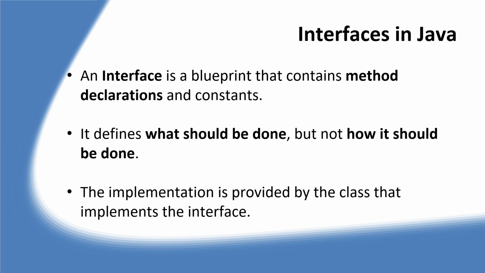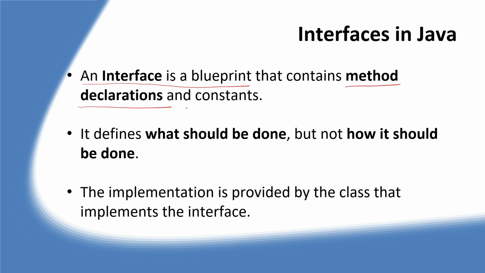So only declaration, that is method declaration, will be available inside an interface, and the logic or the implementation will be provided by the implementing class. So an interface is a blueprint that contains method declarations.